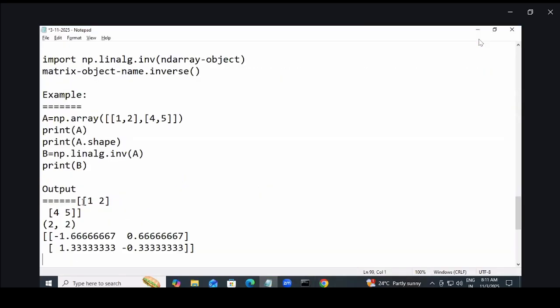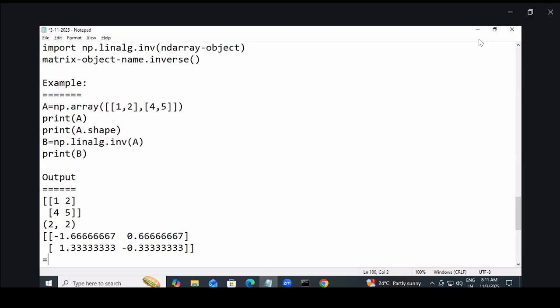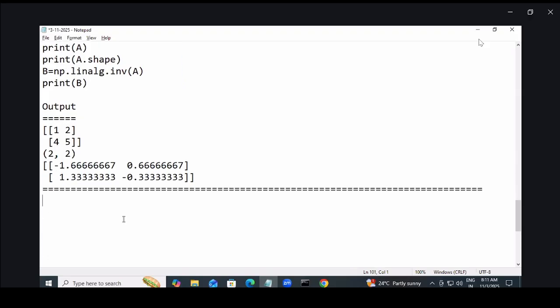Now, these are the different operations which you can do on a NumPy array. Whenever you are working with NumPy, I'm just giving a summary of what we discussed till now. First we started with what is NumPy, then the advantage of using NumPy, so why we are using NumPy.